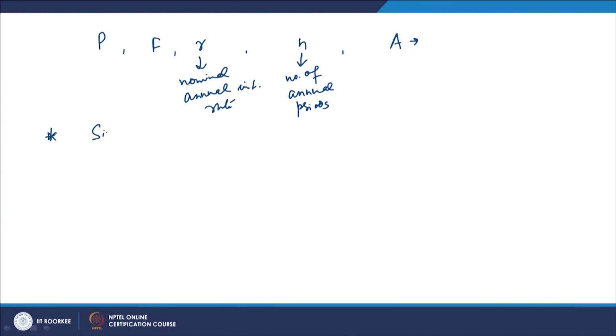So, A basically is a single payment in a series of n equal payments made at the end of each annual period. That is what we call A, also called annuities. So, now we will go one by one to the different factors. First of the factors is the single payment compound amount factor.